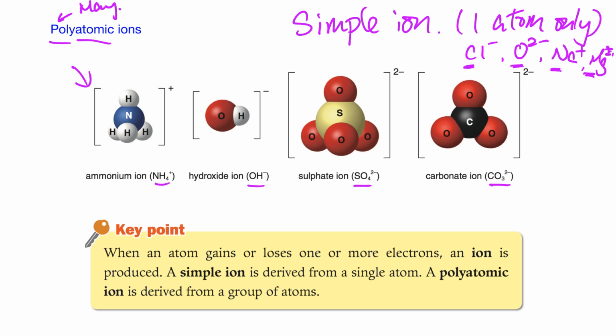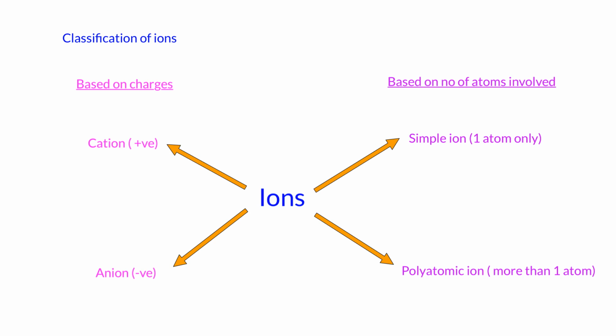So basically, when an atom gains or loses electrons, it becomes an ion. A simple ion refers to a single atom, 1 atom only. A polyatomic ion is a group of atoms, more than 1. So now we know that to classify ions, we can have 2 perspectives. The first one is based on the charge. If it is positive, that is a cation.